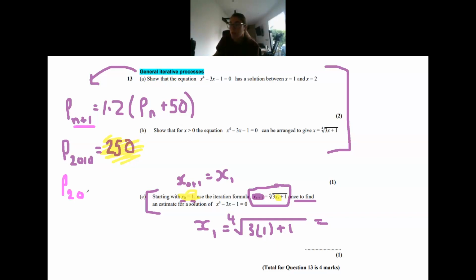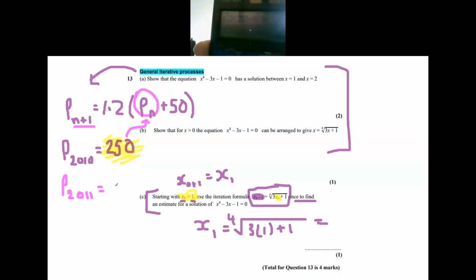So to find out the population in 2011, I substitute in 250 here. Calculator skills, 1.2 bracket, 250 plus 50 equals. So we go like that. So 2011 is 360.